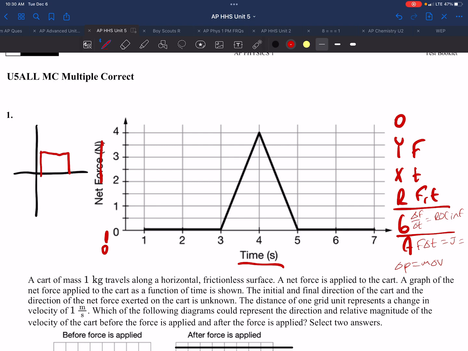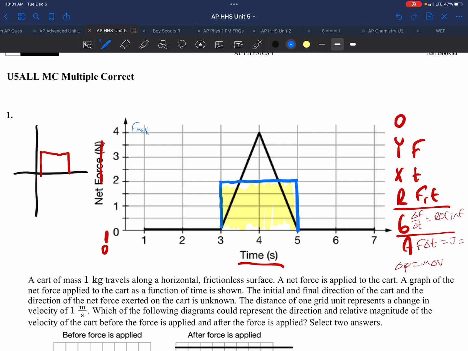equal to each other. So the area of this graph is going to be the change in momentum or the impulse. And if we wanted to find that area of this event that occurs over 2 seconds, we see the F max is 4. So the average force is 2. So the area that we're looking for is really the area of this rectangle.